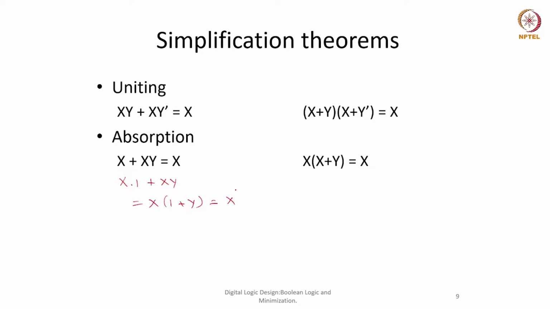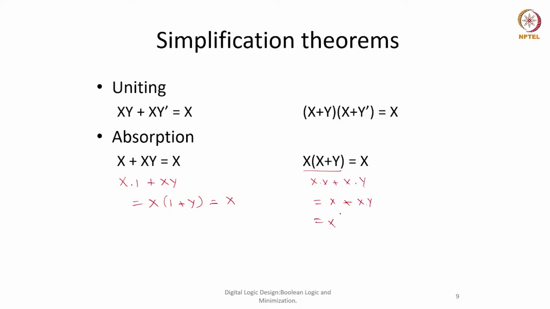Or we can multiply it out: x dot x plus x dot y, which is equal to x plus x y, and now we can use this principle. This will become x.